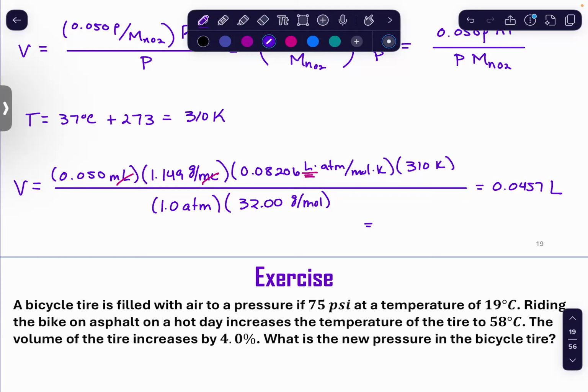So you can either have your answer as 0.046 liters or 46 milliliters. If it's not specified, I don't care if you just leave it in the unit you solve to, that's fine. But some people might want to turn it to milliliters, that's also fine. It doesn't matter.